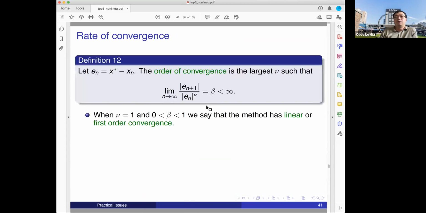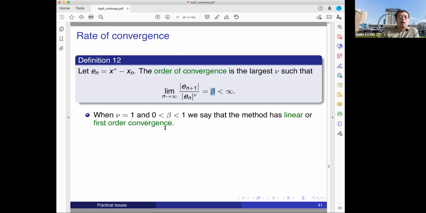So if you have nu equal 1, then we say that the method has a linear or first order convergence. Just a terminology. And remember the constant here has to be less than 1. Otherwise, you don't have a decrease of the errors.